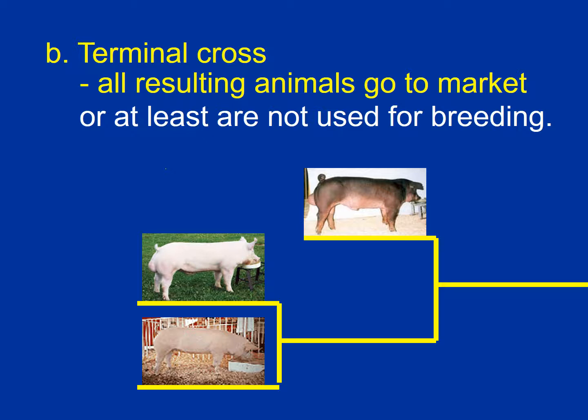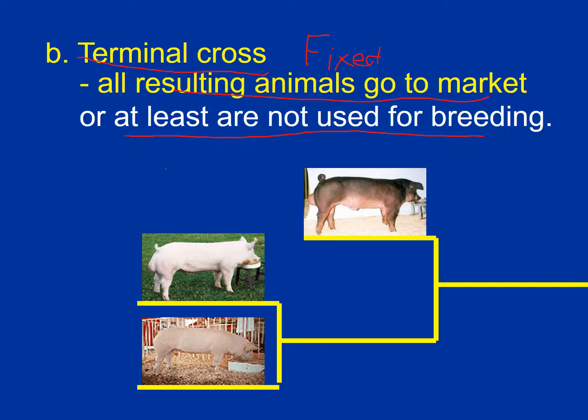So the first system that we're going to talk about is the terminal cross, or another term for this is a fixed crossing system. All resulting animals will go to market in the case of food animals, or at least not be used for breeding, as in the case of companion animals like horses or dogs.